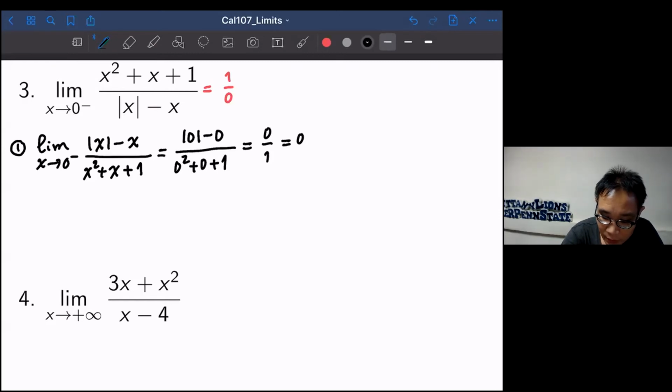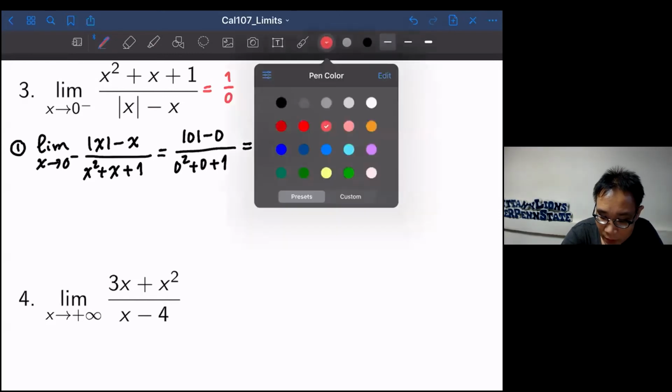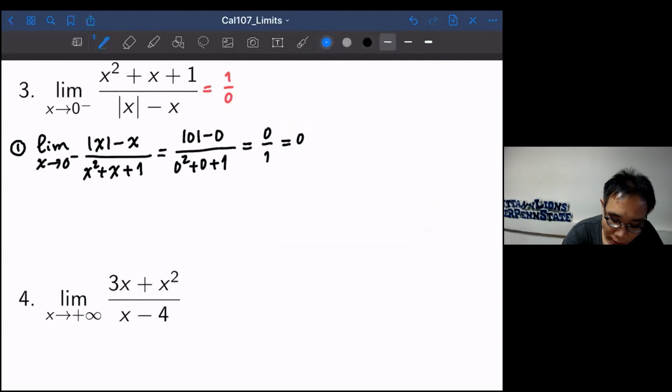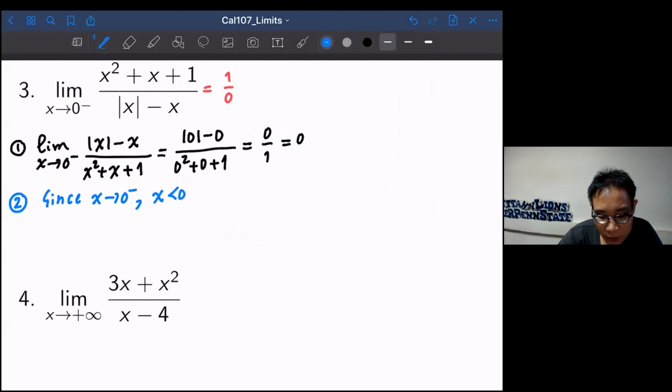And another thing, you're going to find the sign. Since x goes to 0 from the left, it means x is smaller than 0. If you are not able to see it right away, you're going to have to draw a picture like this, and you have 0, and you're going to have x in this interval.